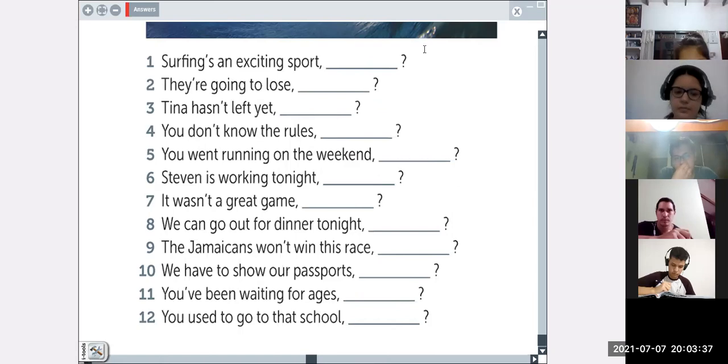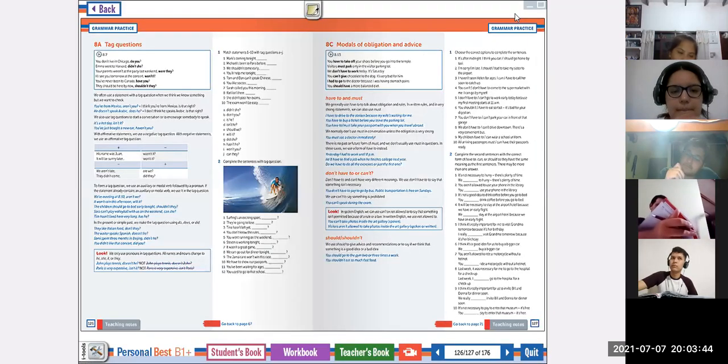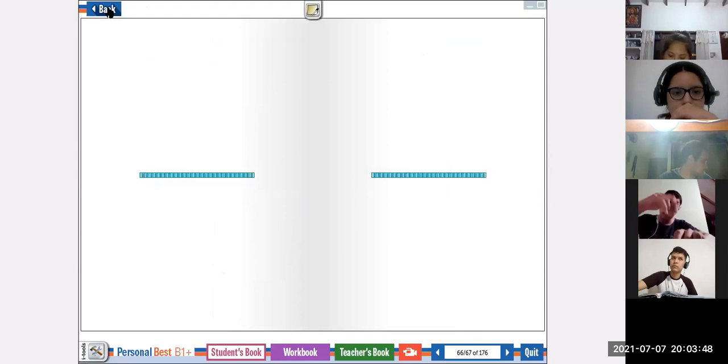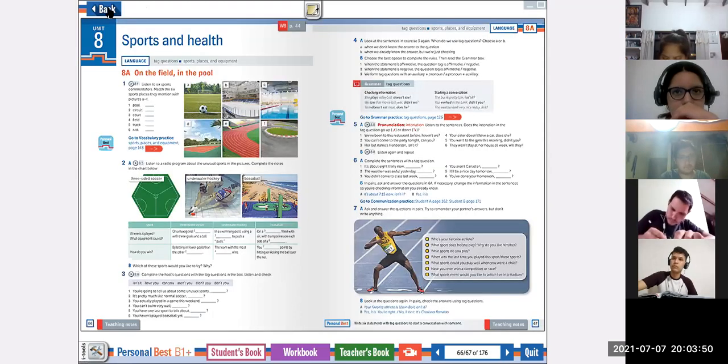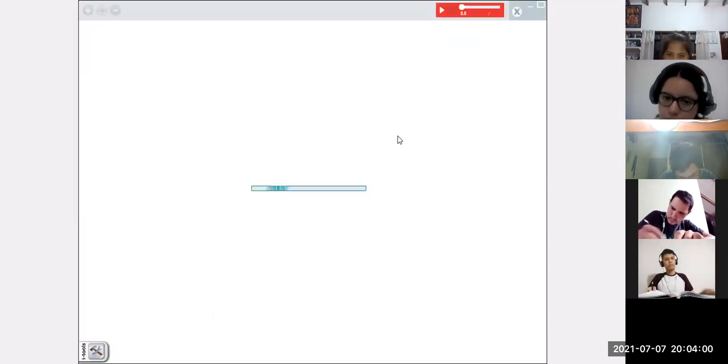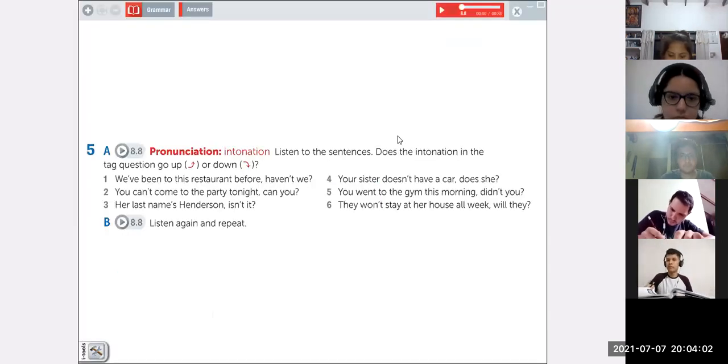Do you remember when we use the pronunciation in questions up? When the answer is yes or no. Yes, very good. And we use the pronunciation of questions down when the answer is longer than yes or no, right? So we're going to check the pronunciation of tag questions, because here we have two kinds of pronunciation too.